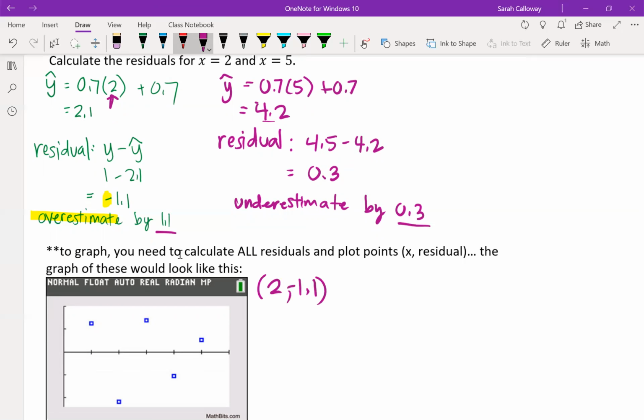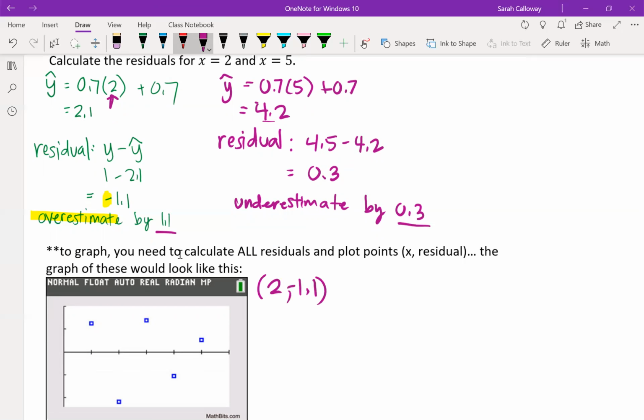Because if I were to connect these points, I get some weird zigzag, that tells me that a linear model is a better fit than a curved one. So no specific pattern is an indicator that this was a good linear model.